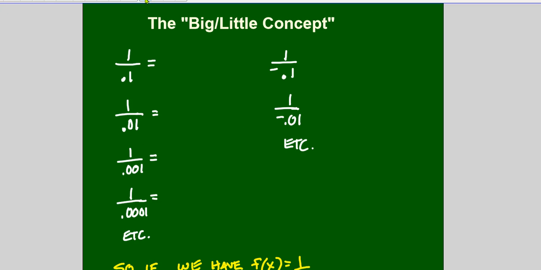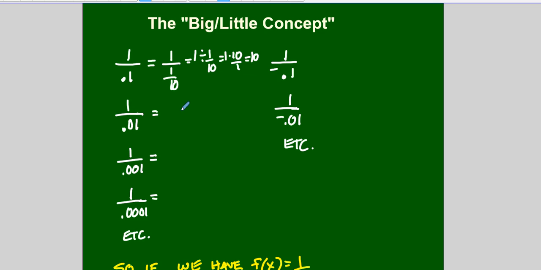Right, so I'm going to start with what I call the big little concept, where I'm keeping my numerator fixed and I'm shrinking the size of my denominator to make it smaller and smaller. So 1 divided by 0.1, remember, means 1 over 1/10, and when you divide fractions you multiply by the reciprocal. So this is equivalent to 1 times 10 over 1, which is 10.